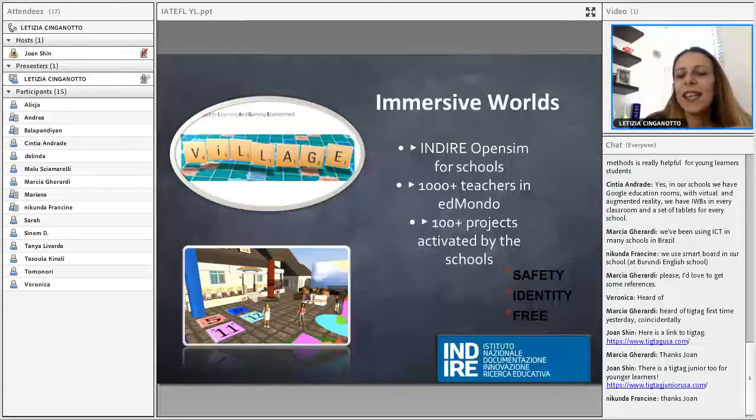Here in Edmondo, in English Village, you can have a good example of creativity in your CLIL classroom, because we have a gallery where teachers leave their games. The games are basically game-based, activity-based learning. We had our consultant, whom you may be familiar with, because she's an active member of IATEFL, and also some other international experts helping us with our project.